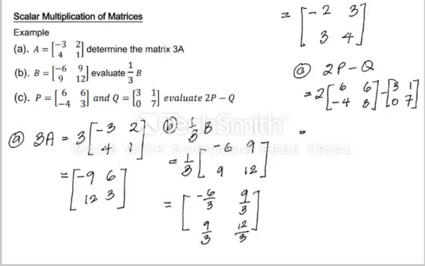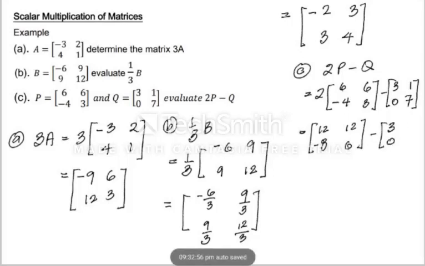All right, so remember, you must multiply before you subtract. So let's multiply before we subtract. 2 times 6 is 12. 2 times minus 4 is minus 8. 2 times 6 is 12. And 2 times 3 is 6. Minus 3, 0, 1, 7.